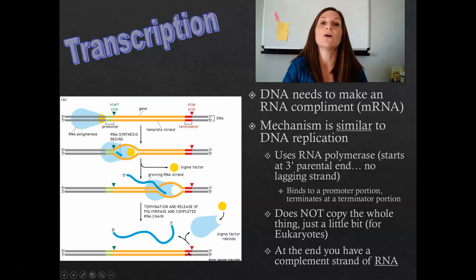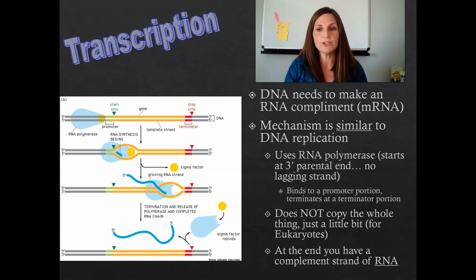So in each chromosome, there are these genes, and at the beginning of the gene, there is something called a promoter, and that's where the transcription is going to start. And at the end of the gene, there's something called a terminator, and that's where the transcription is going to end. So during transcription, we take down a copy of all of the nucleotides, the A's, the U's, the G's, and the C's, because remember, there's no thymine in RNA.